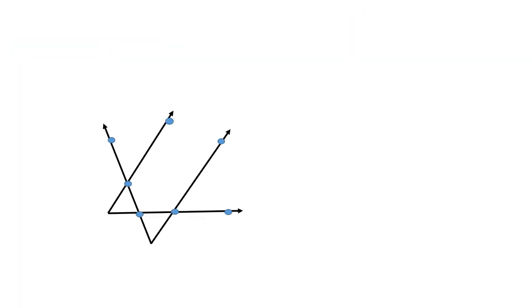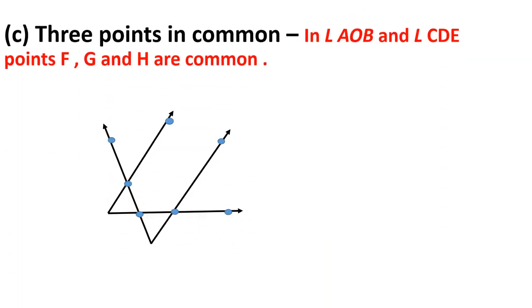Third part is 3 points in common. Now we have to make two angles in such a way that they have 3 points common. Same. Angle AOB and CDE. Now see again, where is angle AOB? Now see the angle CDE. Now see, in angle AOB and CDE, F, G and H, these 3 points are common.